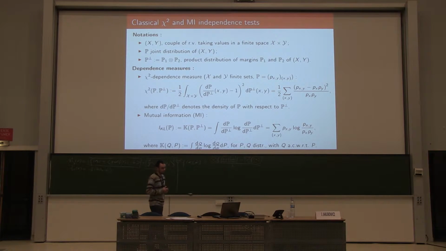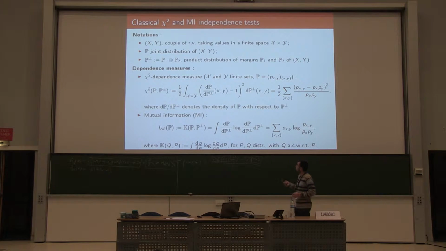When talking about independence tests, I think the first method that comes to mind is the chi-square independence test, which is based on the chi-square dependence measure, which is defined in the following way and takes this form for finite random variables.